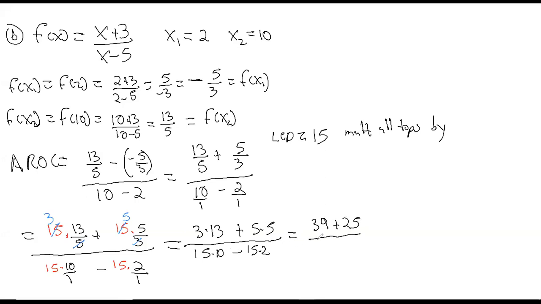All over 15 times 10 is 25 minus 15 times 2 is 30. Then 39 plus 25 is going to give us 64. 25 minus 30 is going to give us -5.